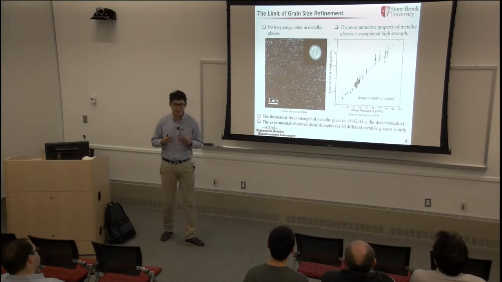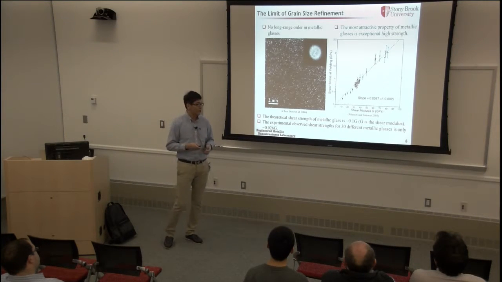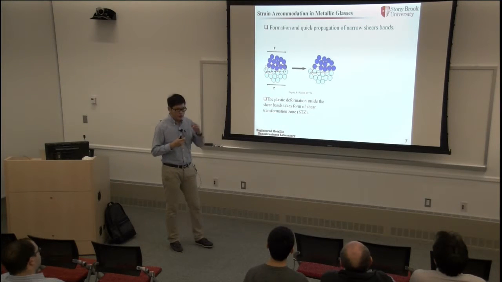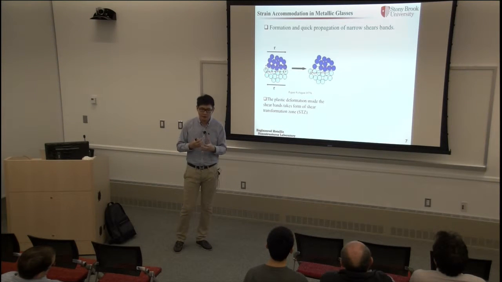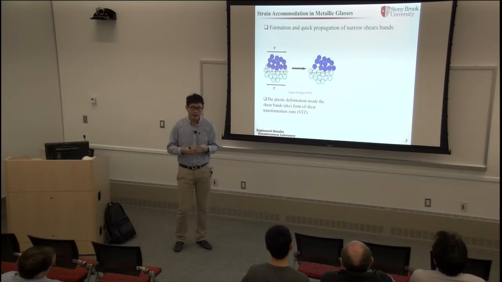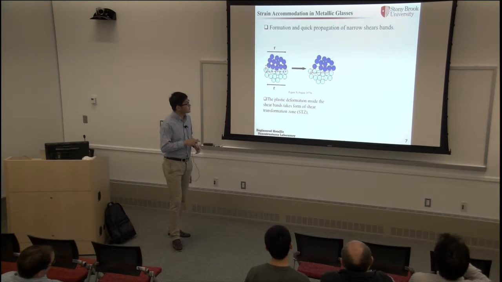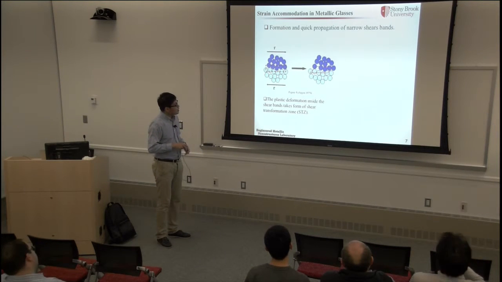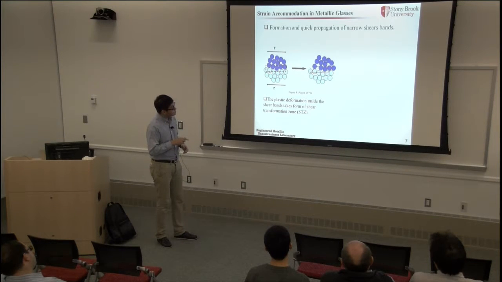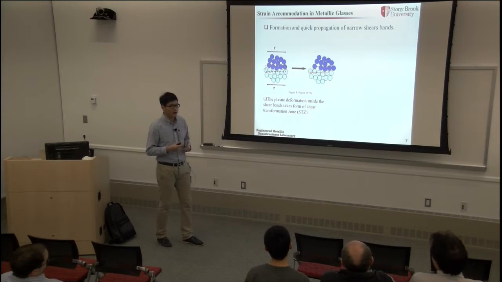So what's happening in this material? It's because of shear banding forming. First, let's look at how the atoms plastically deform in metallic glasses. It takes the form of the shear transformation zone, where a group of atoms cooperatively rearrange themselves over a small distance, overcoming the potential landscape.